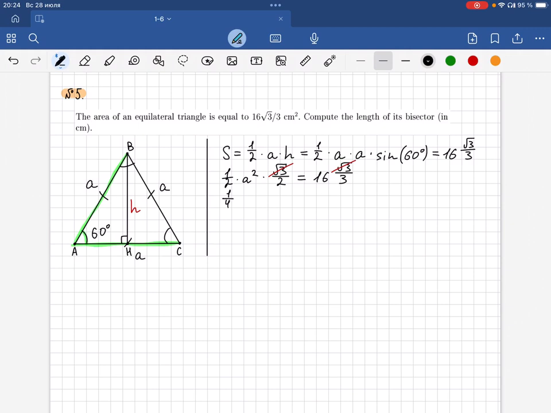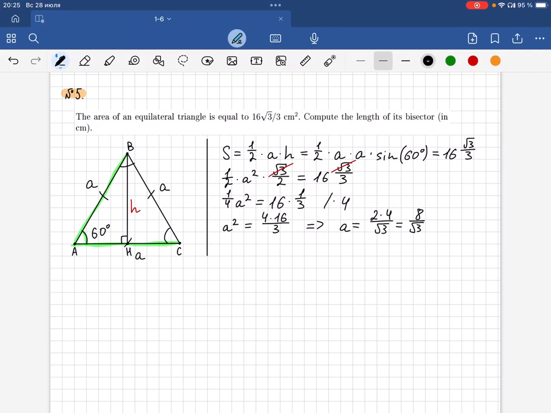And we are left with 1/4 A squared equals 16 multiplied by 1/3. We can multiply it by 4, which will give us A squared equals 4 multiplied by 16 divided by 3, which means that A is 2 multiplied by 4 divided by square root of 3, which is 8 divided by square root of 3.